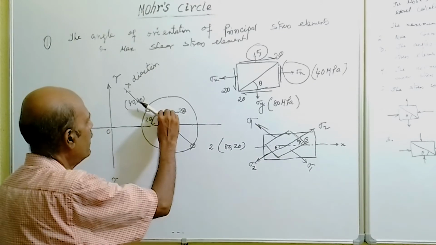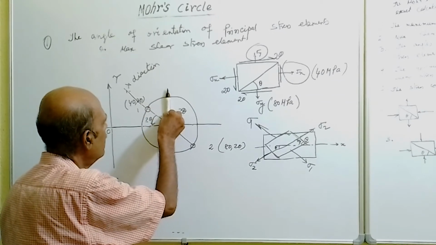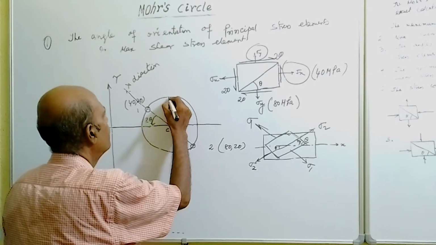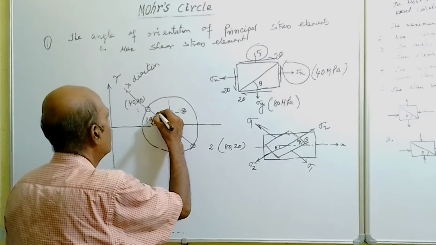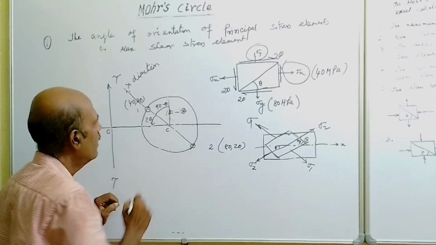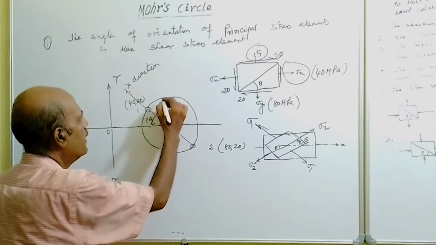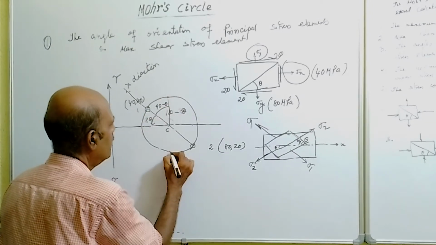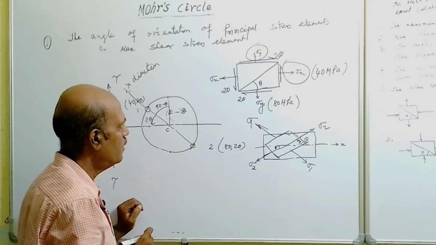To get that point, we have to rotate this x direction in the clockwise sense by 90 minus 2 theta angle. Then we will get this point.